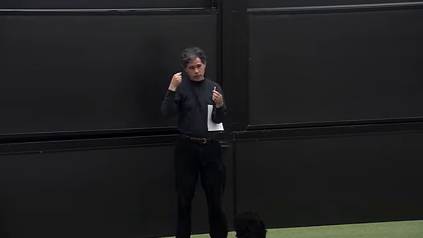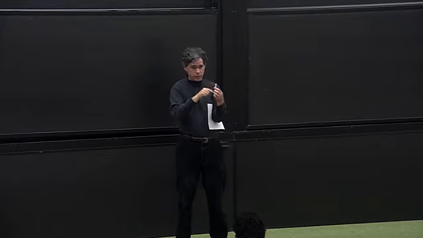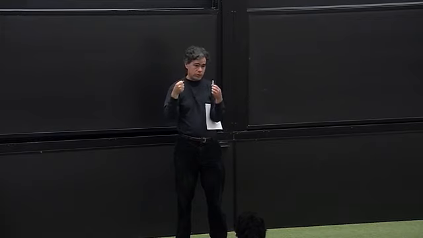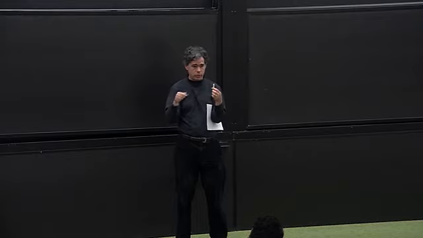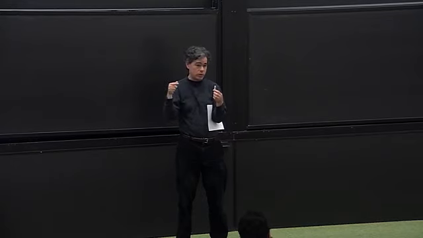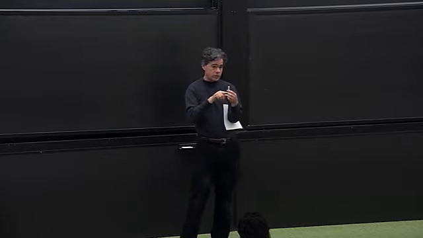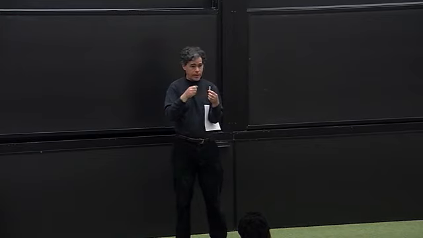That means that if this thing is in a superposition, and this thing is interacting with it, then after a little while, this qubit will become entangled with this qubit, right? Alpha 0, 0 plus beta 1, 0 will become alpha 0, 0 plus beta 1, 1, right? And then when you trace over this qubit, this will be just a mixture of 0 and 1. And that's the complete dephasing.